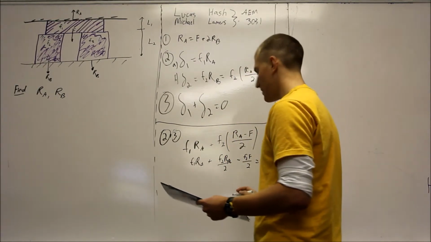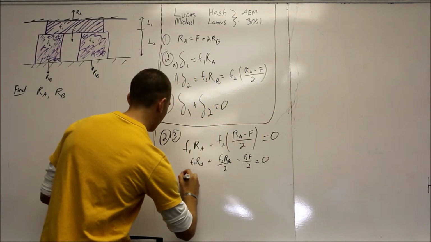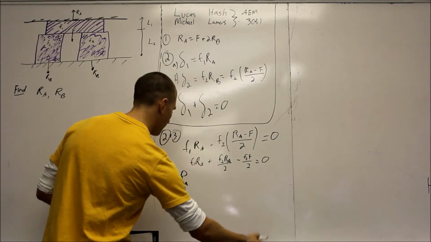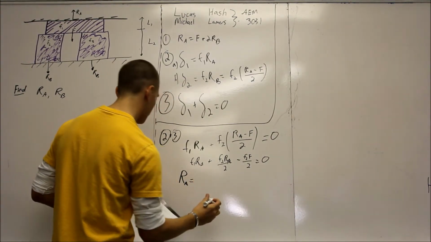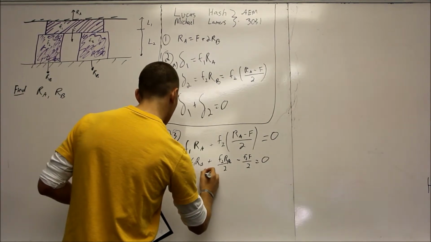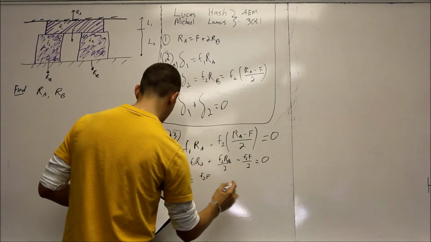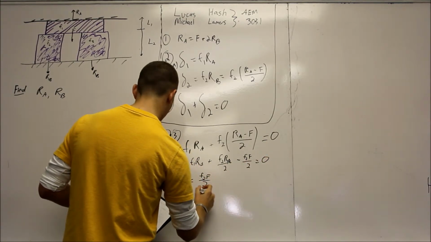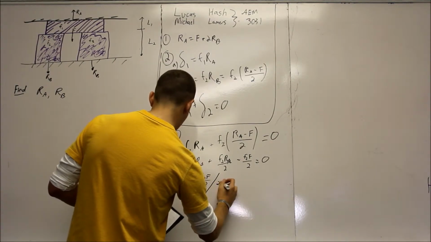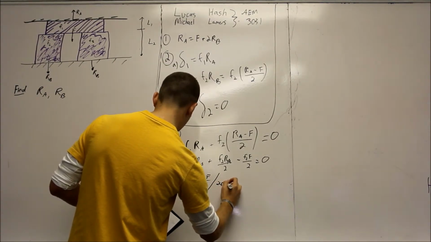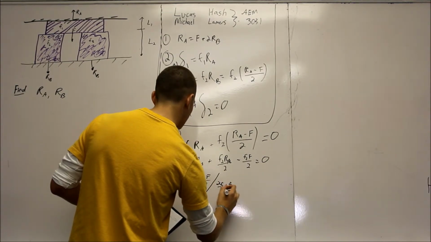And now the messy part, solve for RA, is that we're going to have this F2 F, bring that over to the other side, to (F1 plus F2) over 2.